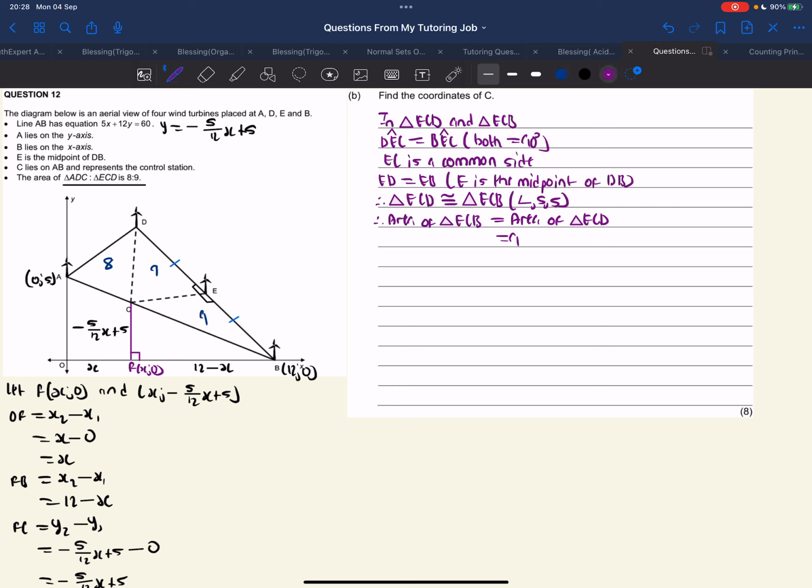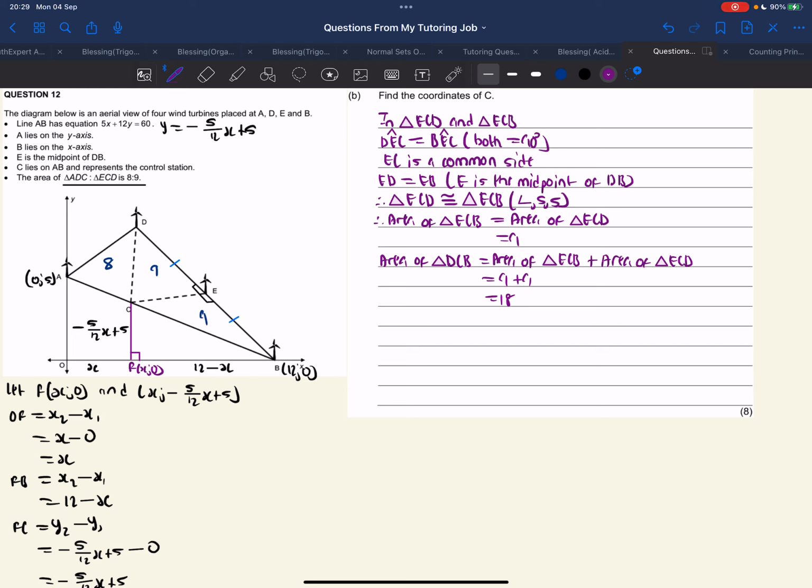And then the area of triangle DCB is going to be equal to area of triangle ECB plus area of triangle ECD, right? Which is basically just 9 plus 9, which is going to give me 18.